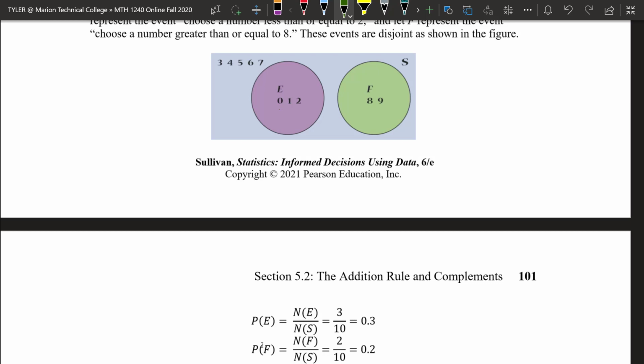So we put 3 there, and there are 10 things total in the sample space. So it's 3 out of 10, which is 30%. Then to calculate the probability of F, there are 2 numbers in F and 10 in the sample space. So we take 2 divided by 10 and get a probability of 0.2.